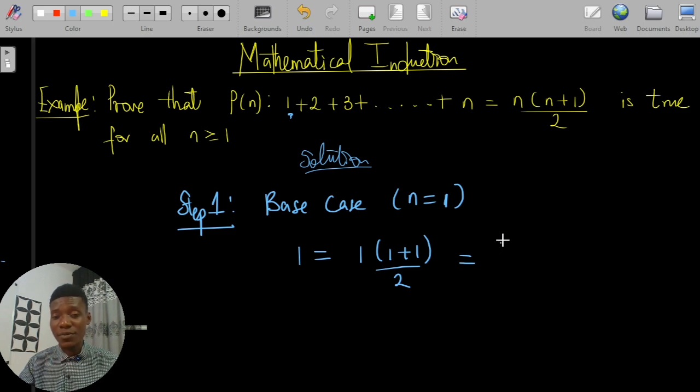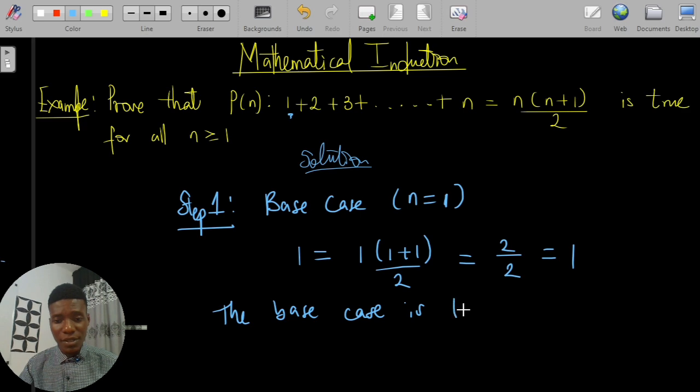And at the end, we have 2 over 2, which is 1. Then you conclude that the base case is true.